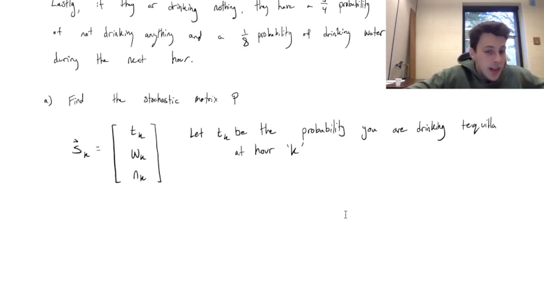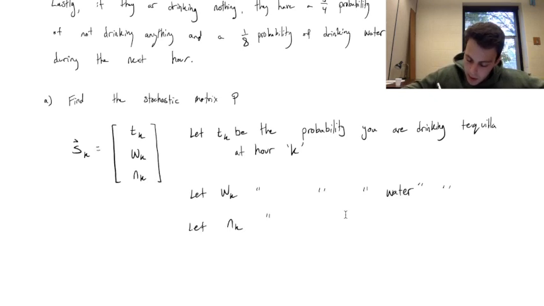And you could imagine that n_k would be the probability that you're not drinking anything on hour k. Let w_k, same thing, be water, and let n_k be the probability of drinking nothing. And all of these are for hour k.